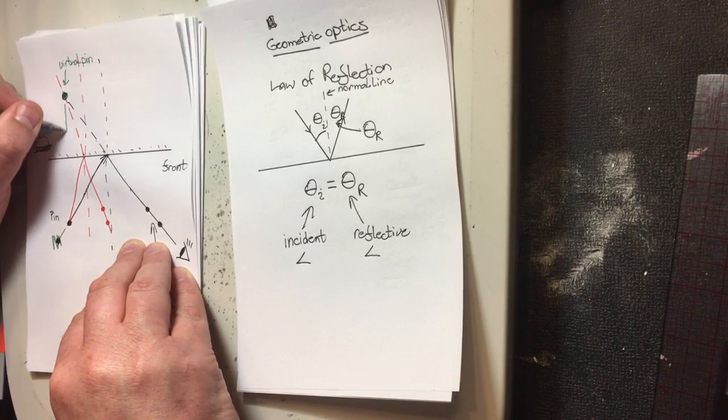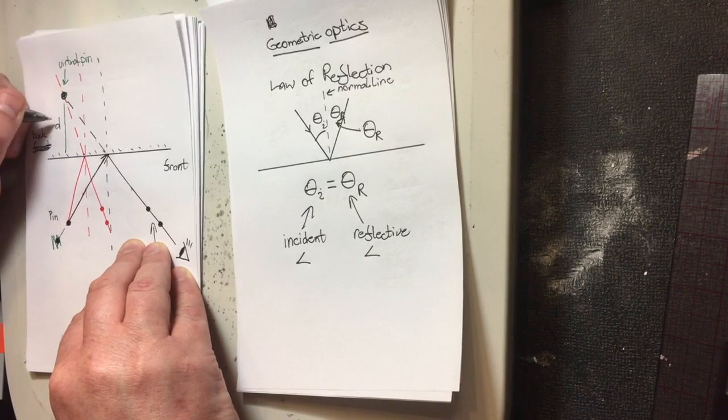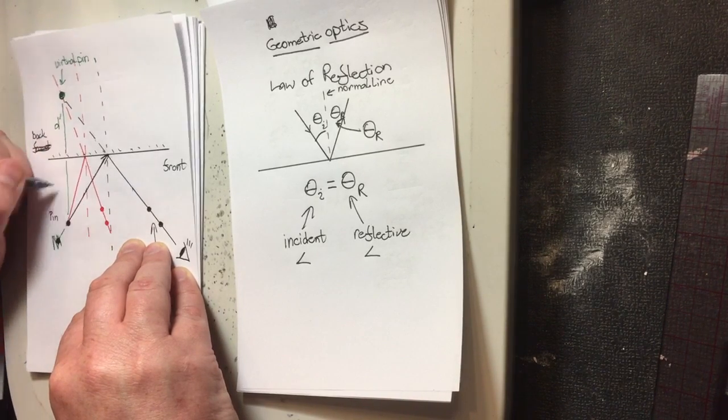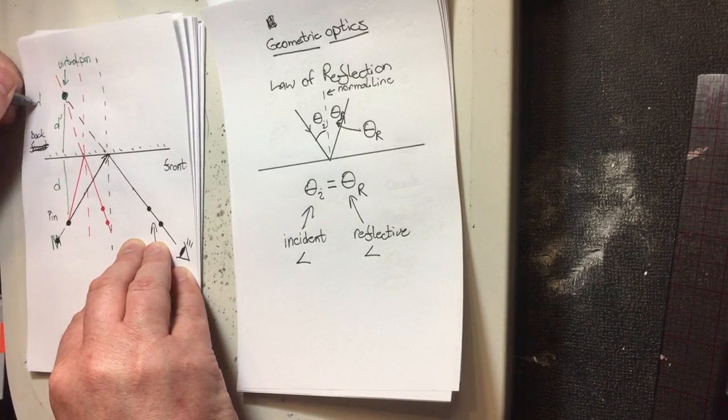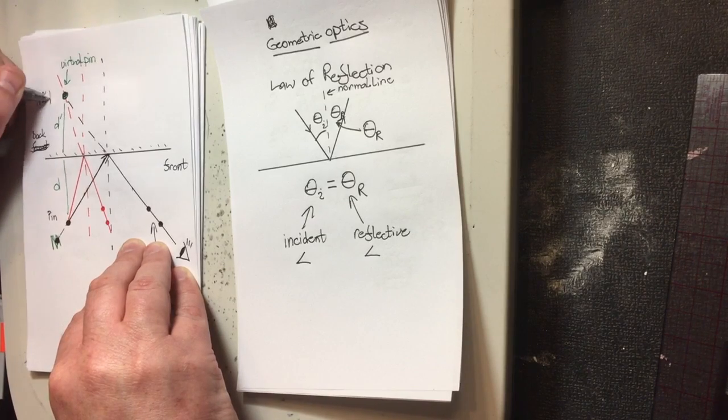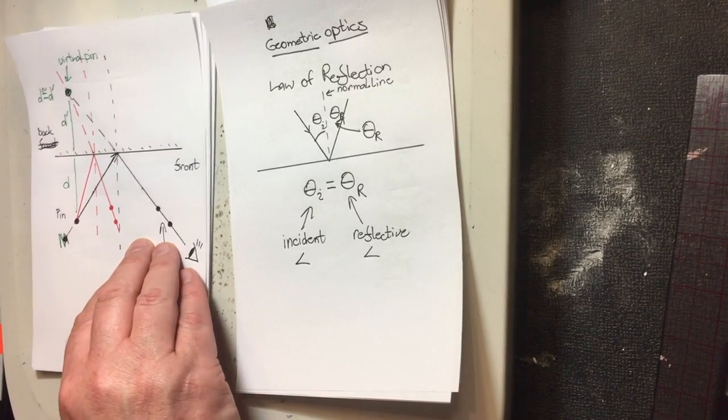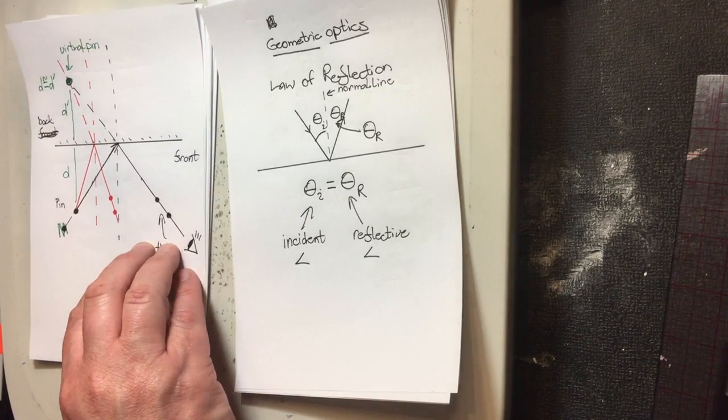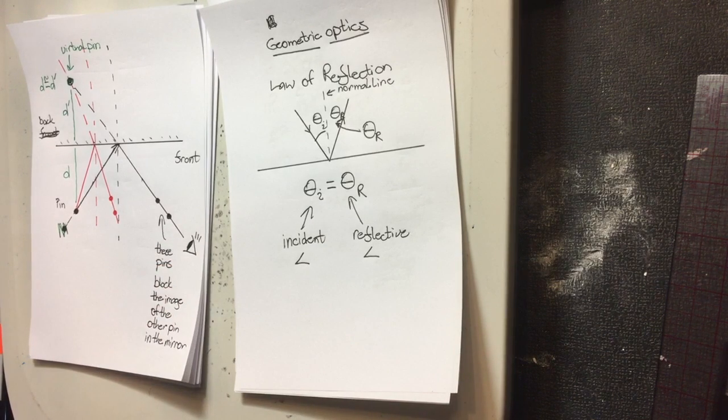And what you should discover is that that distance and that distance are equal to each other. Now in reality, it's not going to match up. Why? Because you guys are just first year physics students, and we're not asking for perfection here.